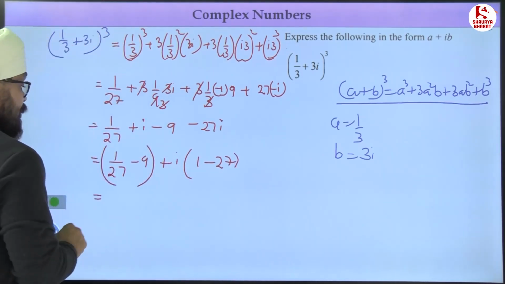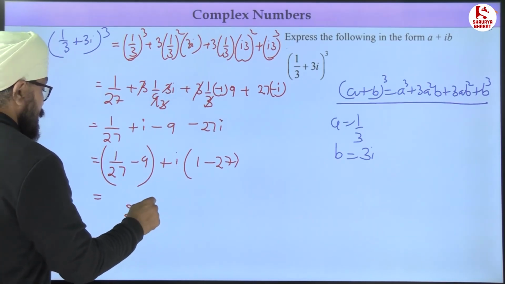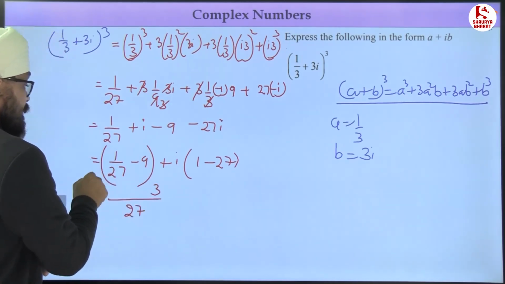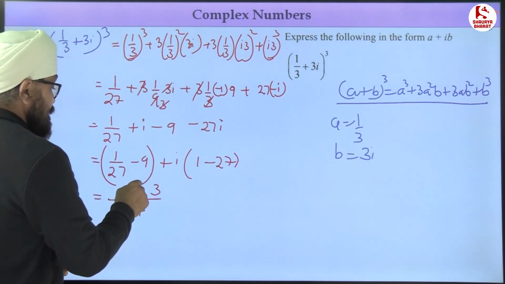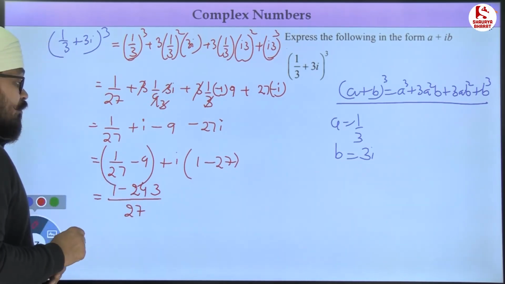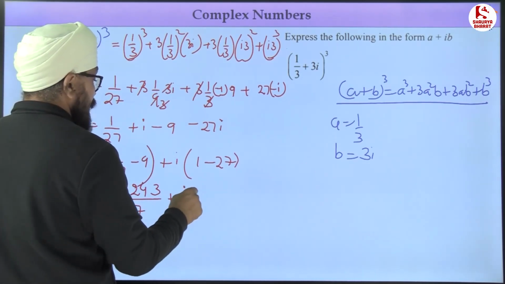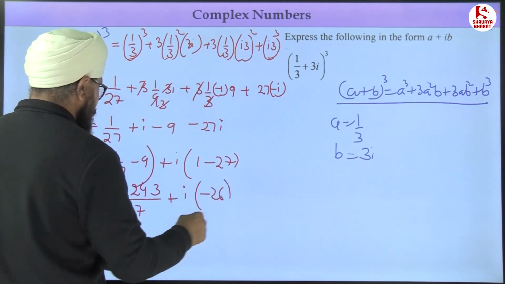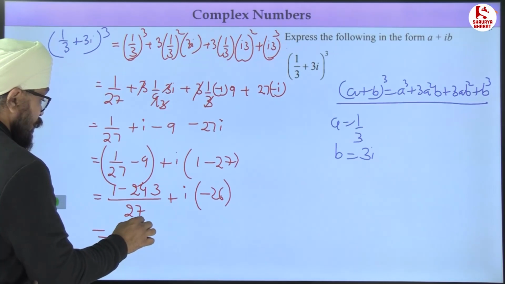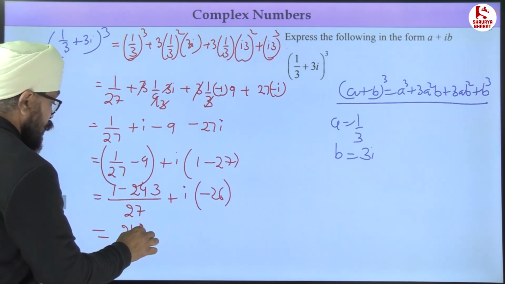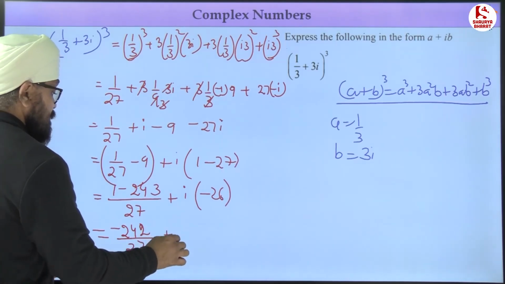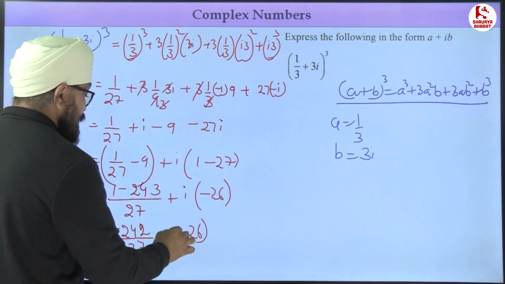So, here if I take the LCM of 27, this becomes 9, 7, 63. So, 6, so this is 18, 18 and 6, 24. This is 1 minus 1 to 4 and this is iota, this is minus 26. So, the answer that we are getting is 2, 4, 3, rather 2, 4, 2 with a minus sign divided by 27 plus this is minus 26 iota.